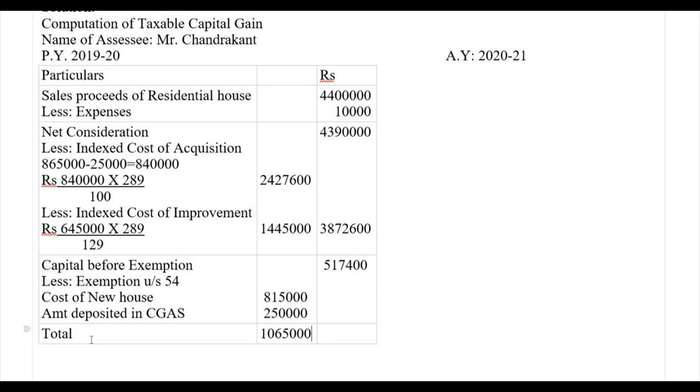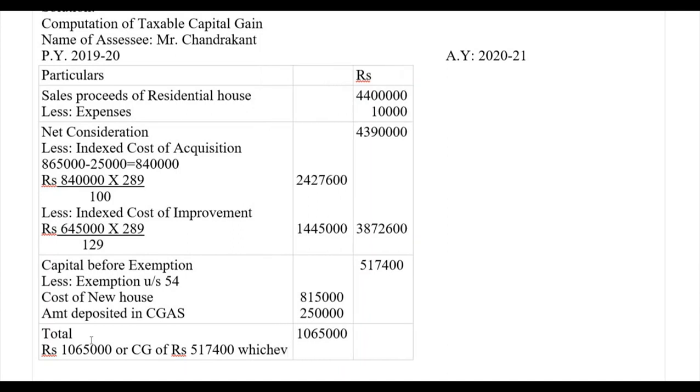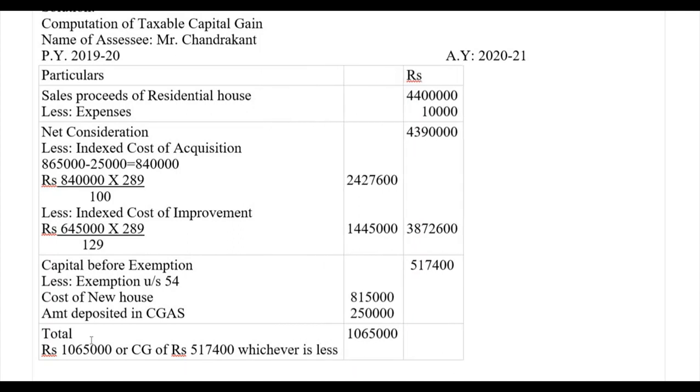Now we should compare this rupees 10,65,000 or the capital gain of rupees 5,17,400, whichever is less. So here that comes to rupees 5,17,400.